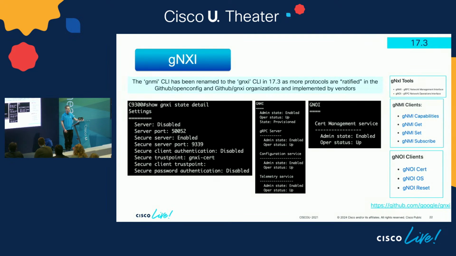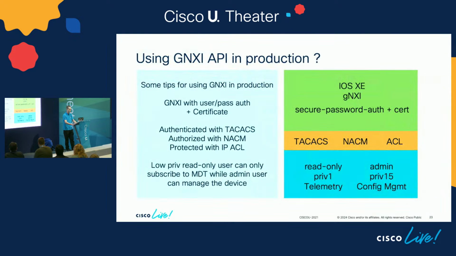Further down in the show state detail, it tells me all the operational states of the microservices of gNMI: the gRPC server, the config service, and the telemetry service. Right? These are all in an operationally enabled up state. And then the links to the actual specific tooling that we can use to interact with these microservices. And we'll get to that in a little bit when we talk about gNOI.